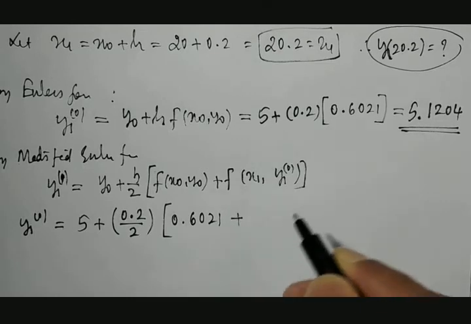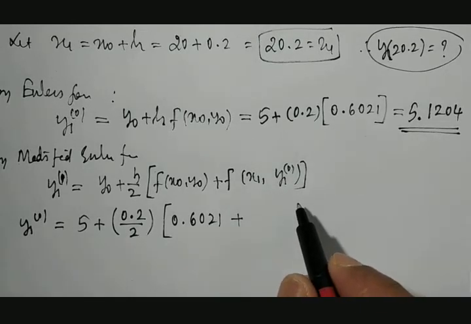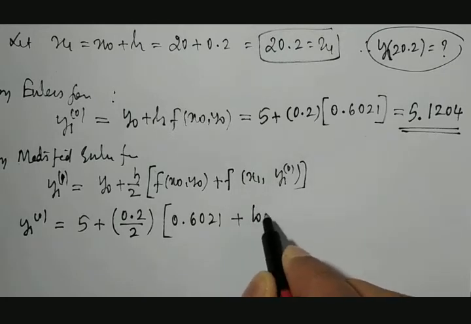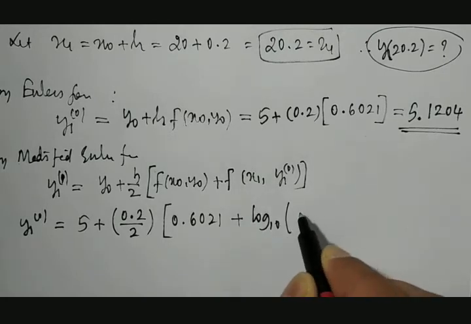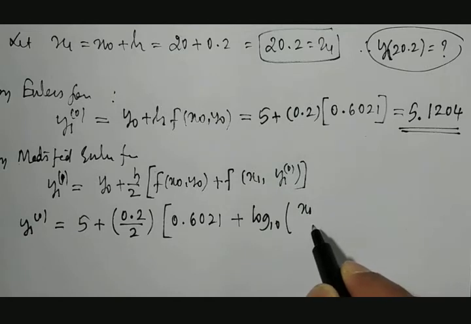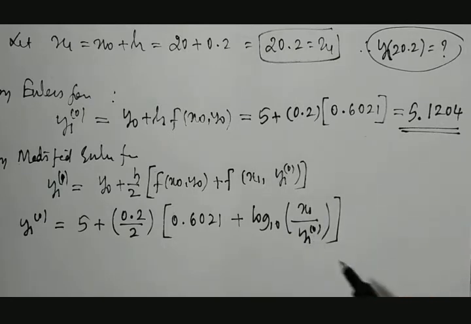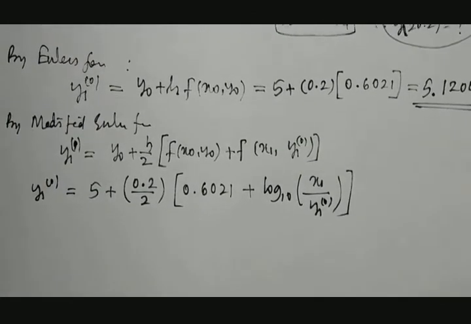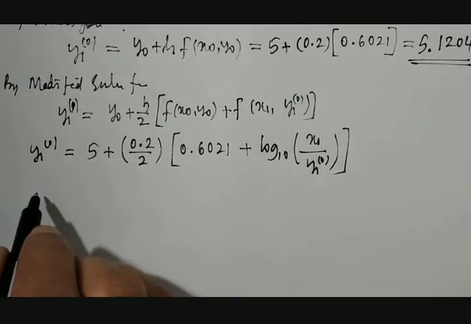0.6021 plus f of x1 comma initial value of y1, that is nothing but logarithm to the base 10 of x1 divided by y1, but which kind of y1? The initial value of y1. Clear? Therefore, now let us substitute the values.